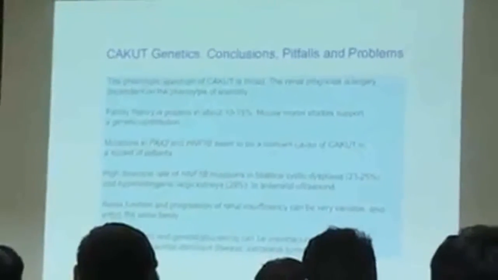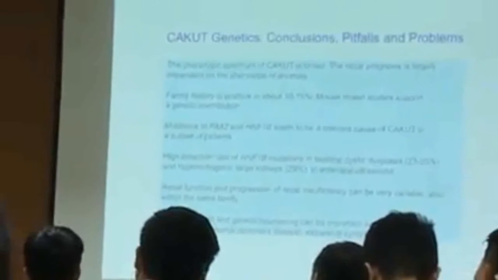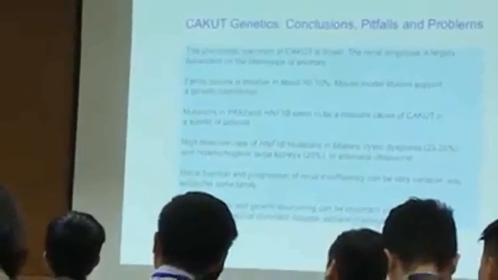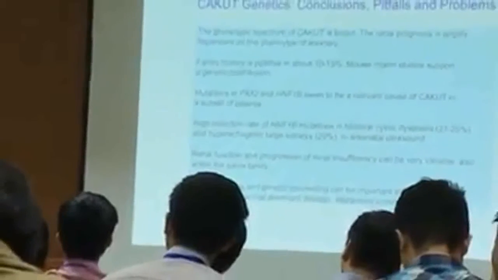It's a very costly approach too, because looking at all the genes, or even a panel of genes, is not 1 or 2 or 3 genes, it's sometimes hundreds of genes.